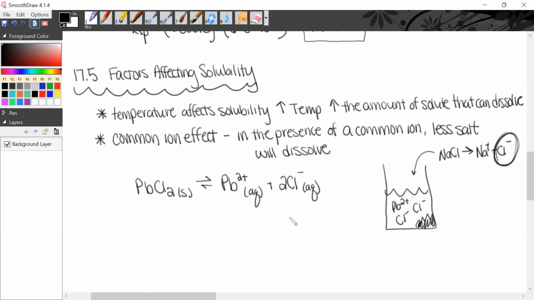So Le Chatelier's principle tells us that if we increase the chloride ion concentration from some other source, that's going to shift this equilibrium to the left. There's going to be less room for this salt to dissolve, and some of these lead chlorides will precipitate out. That's what I mean by the presence of a common ion.